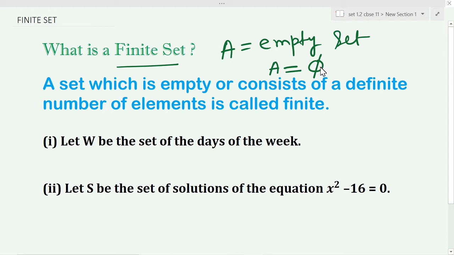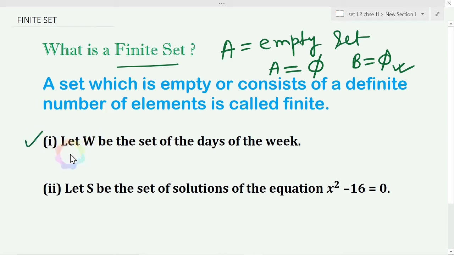So if B equals phi, then B is an empty set. So any empty set is a finite set, and any set which contains elements that we can count is called a finite set.